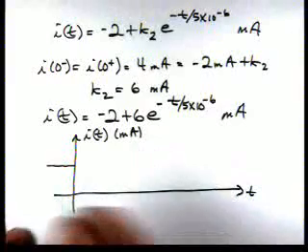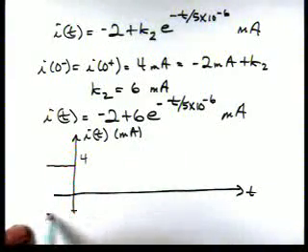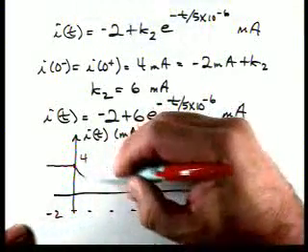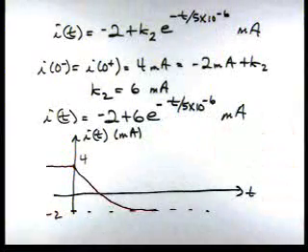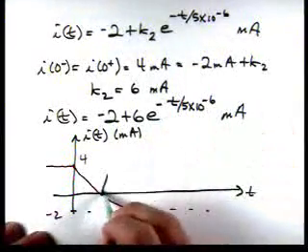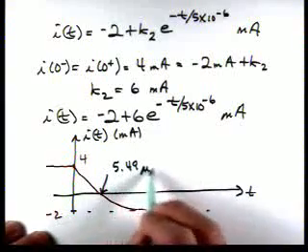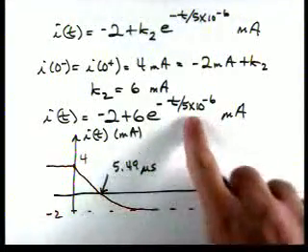It starts off at 4. Final value is going to be minus 2. So it's going to do something like this. And it turns out that where it crosses 0, the time is 5.49 microseconds. And you can solve for that by setting i(t) equal to 0.